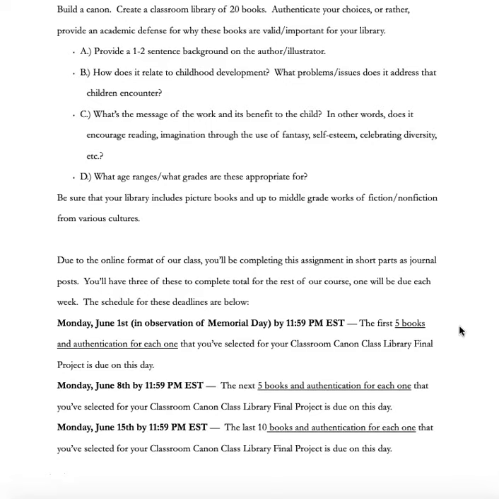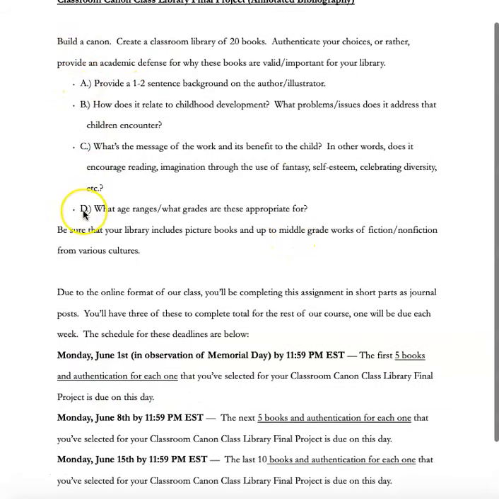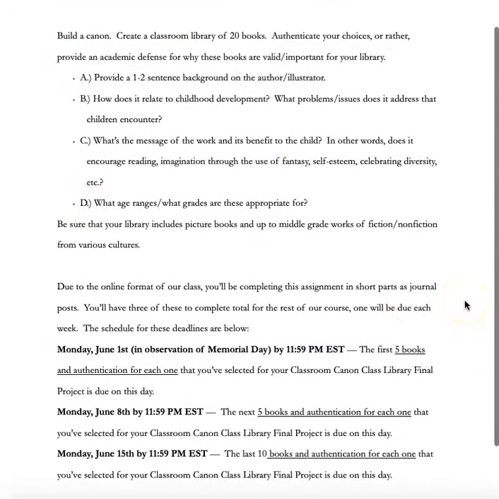By 11:59, the first 5 books and authentication for each one that you've selected for your classroom Canon class library final project is due on that day. Okay, so just the first 5 books. Remember, with authentication, that's just A through D. I'm not asking for any more than that about these books, so I don't want you to make your work more than it has to be.